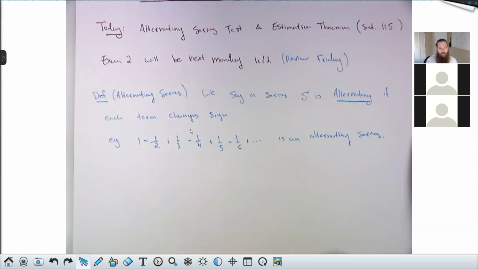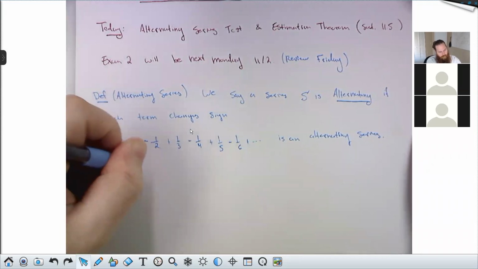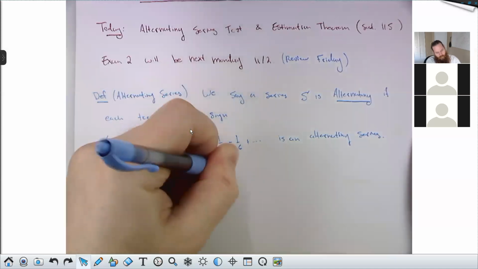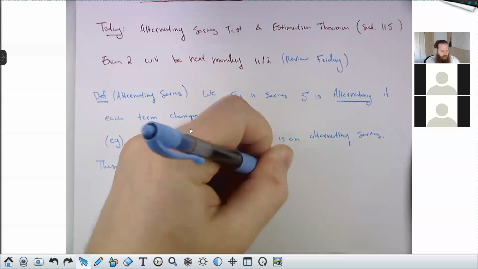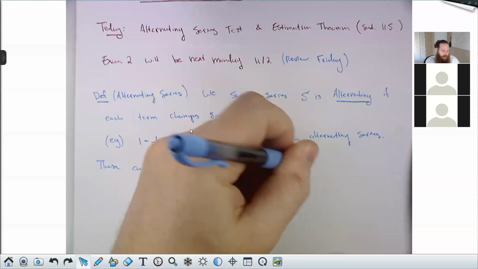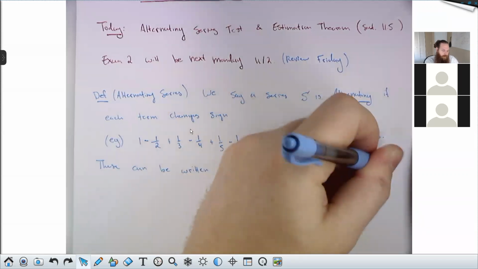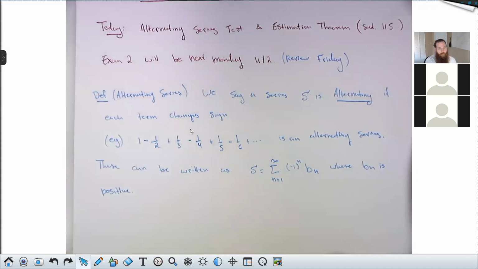Okay. These can be written as something like S equals sigma n from 1 or 0 or wherever to infinity, -1 to the n times bn, where bn is positive. Sometimes this will be a -1 to the n plus 1.